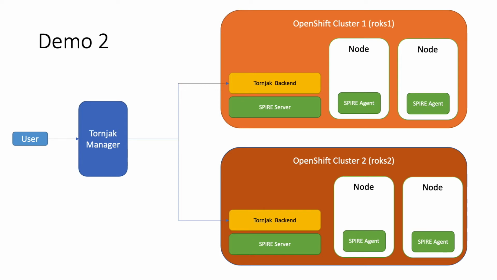This is done through the Tornjak Manager. The Tornjak Manager solves the problem of having to manage identities across different platforms, allowing one to manage organization-wide workload identities and policies, as well as monitor and audit workload identity throughout the organization.